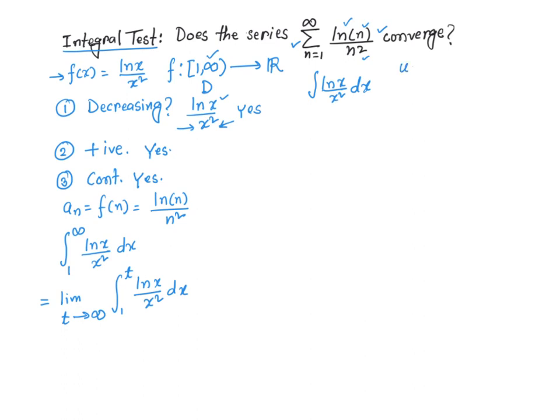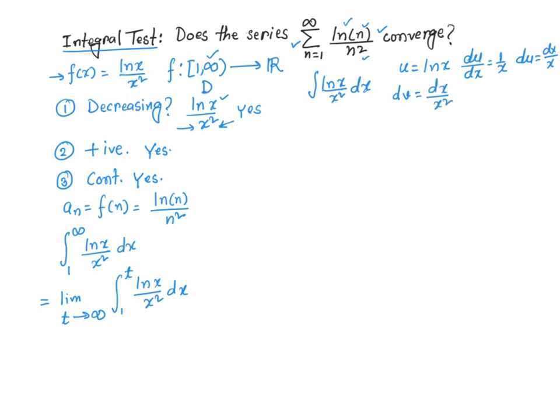Let u be equal to ln of x. That gives du over dx equal to 1 over x, or du is equal to dx over x, and dv is equal to dx over x square.